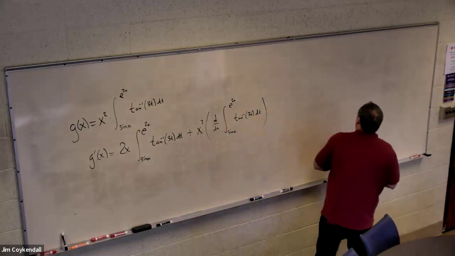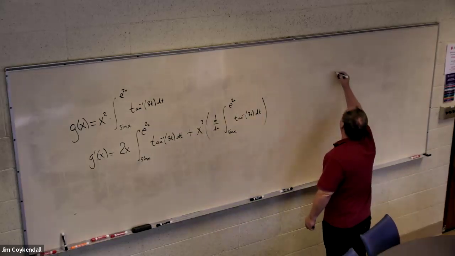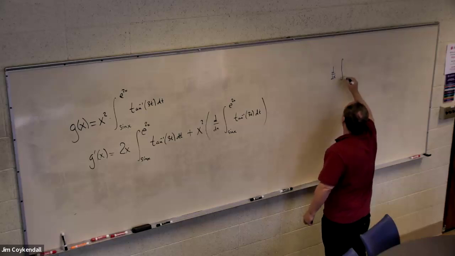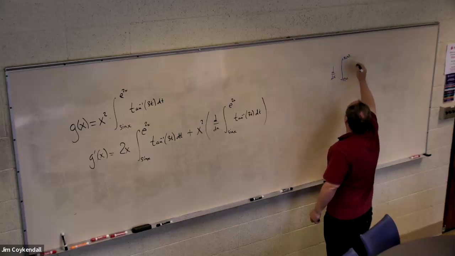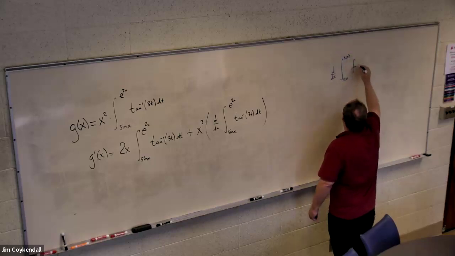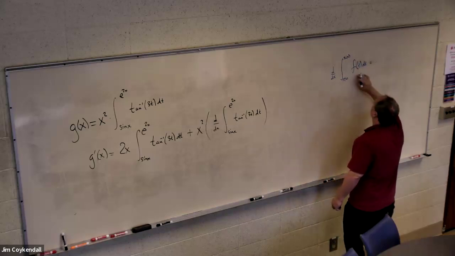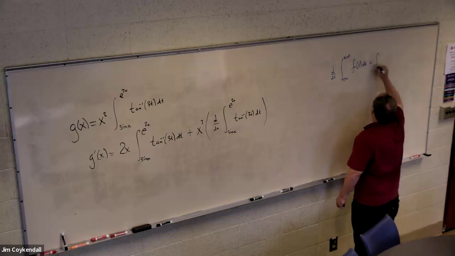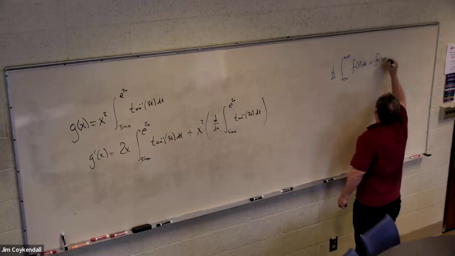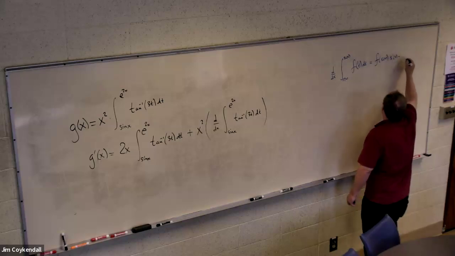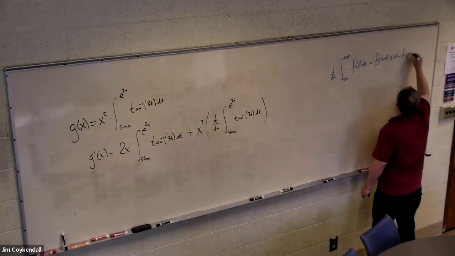So this is where I'm going to remember this thing that I gave you guys last time. The derivative of something that looks like this is f prime with the top function plugged in, times the derivative of the top, minus f with the bottom function plugged in, times the derivative of the bottom.